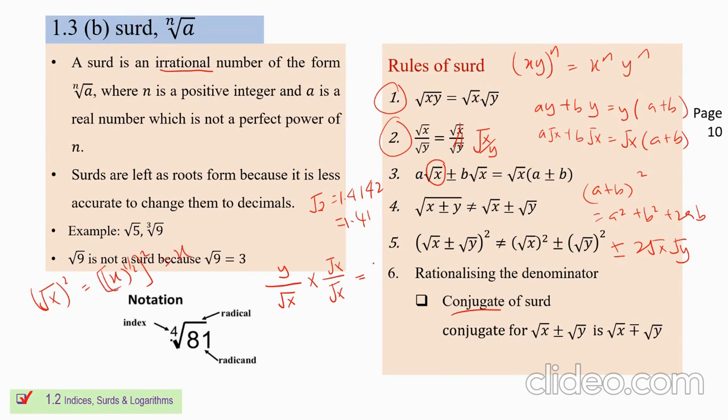So this becomes y surd x over x, where my surd has disappeared. That is the meaning of rationalizing the denominator.